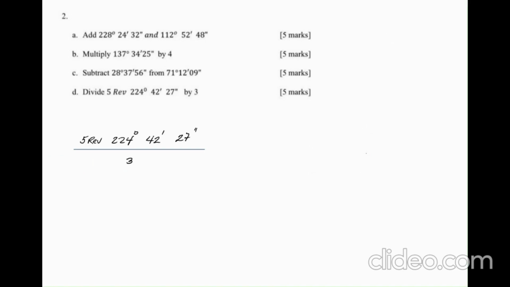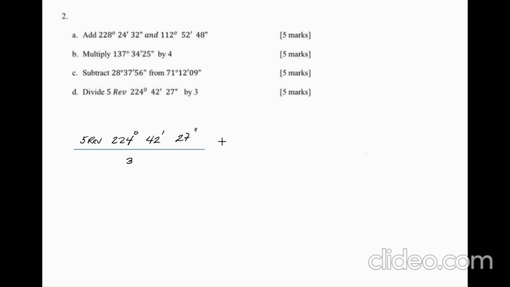Okay. So let's now proceed to part D. So what we're going to do here now is we're going to divide, but we're going to divide all the way from the left side. So first we'll do the revolutions. And if we have any remainder, then we will convert that to degrees. And if we have any remainder, we'll convert that to minutes and so forth. So let's get started, right?